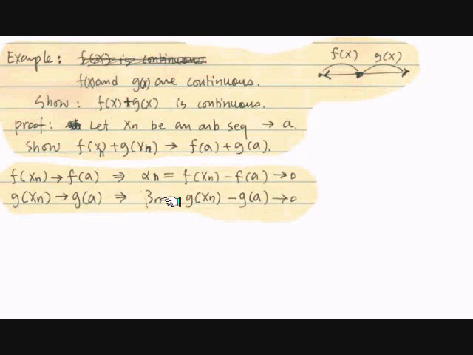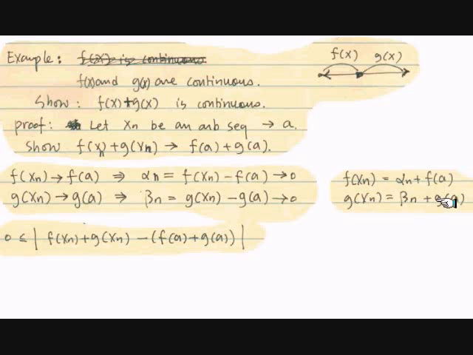We call that quantity beta n. If you solve for f of xn and g of xn, we have this here. So we can break these function values into a sum of two things. That's the main technique, and it happens a lot in analysis.